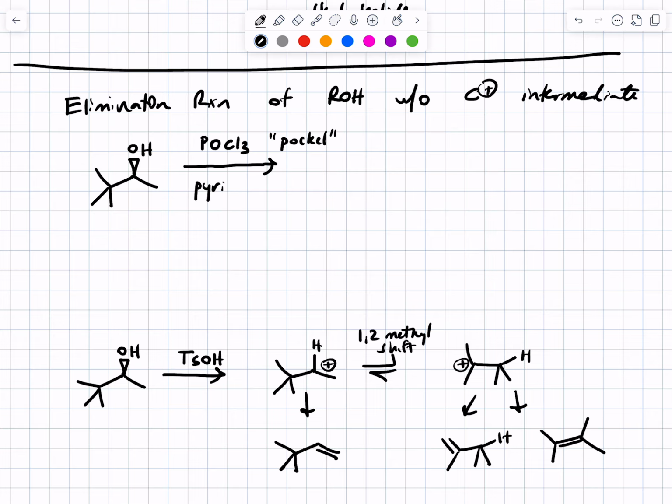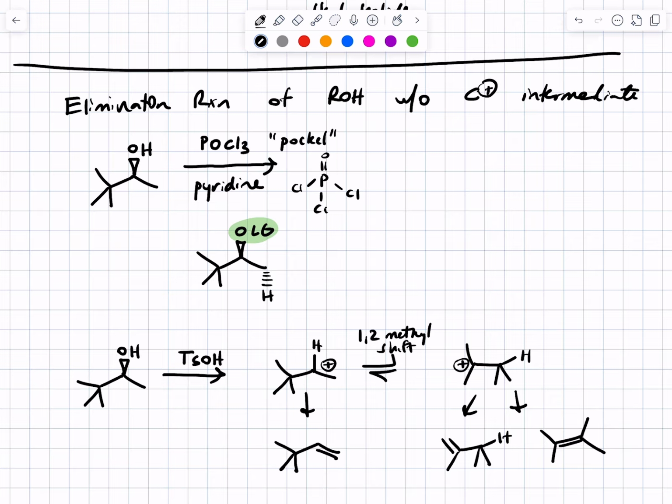You also need pyridine. The POCl reagent itself looks like this. Effectively, this turns the OH into a good leaving group without the leaving group leaving and without a substitution reaction.